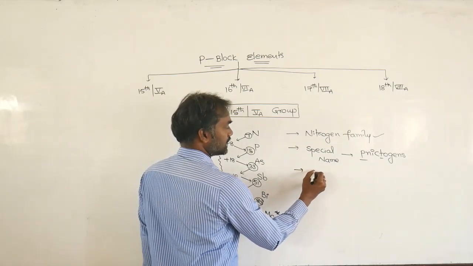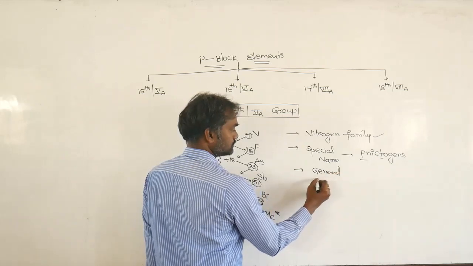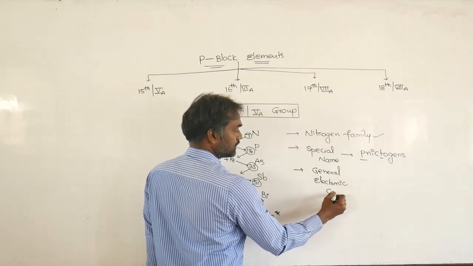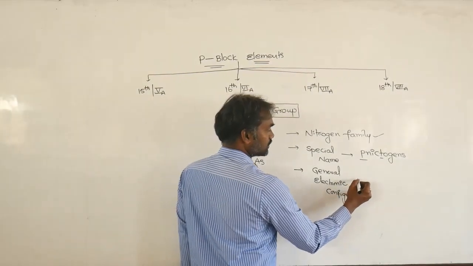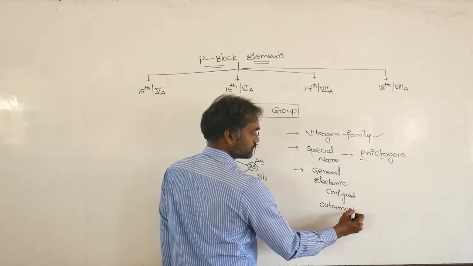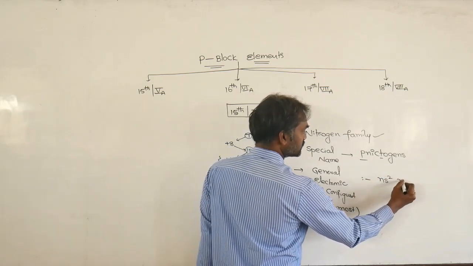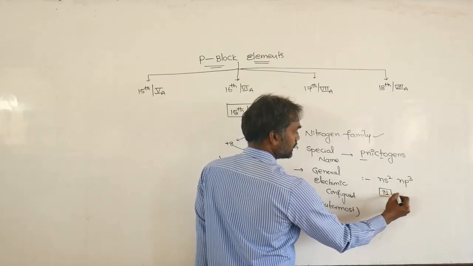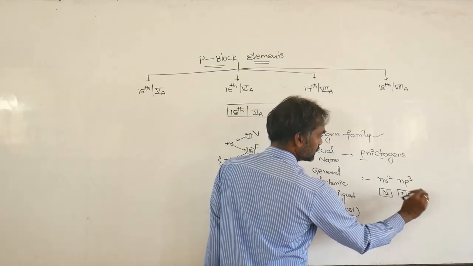Next, general electronic configuration. The outermost electronic configuration we can write as ns2 np3. Here the p orbital is filled with 3 electrons.